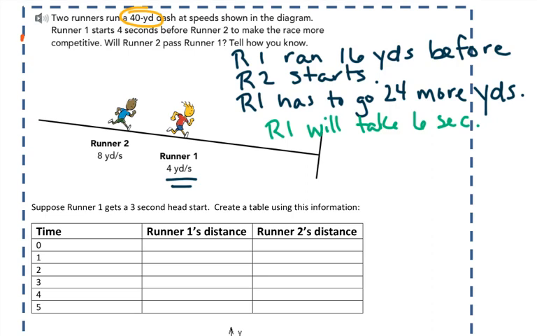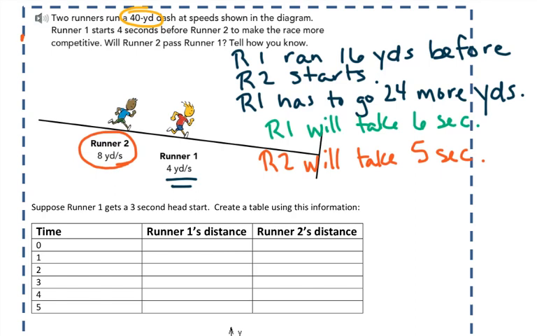Now let's think about how long it takes for runner 2 to run, and he has to run the entire 40 yards, and he runs 8 yards per second. So runner 2 will take 5 seconds to run that 40-yard dash.